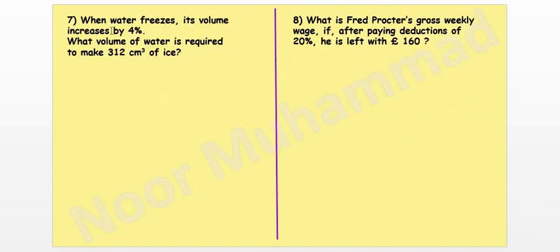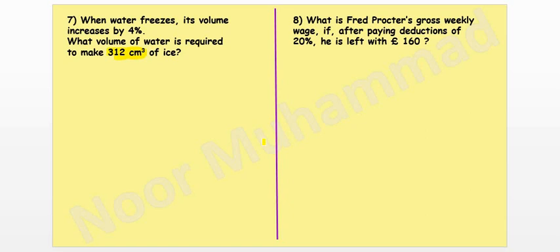So here we have when water freezes, its volume increases by 4%. What volume of the water is required to make 312 cubic centimeters of ice? So we have the final volume. They want us to find the volume of the ice.